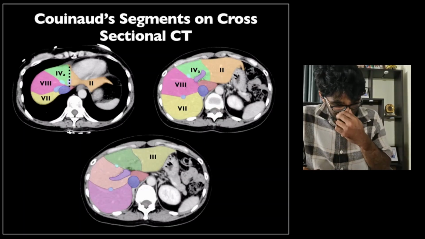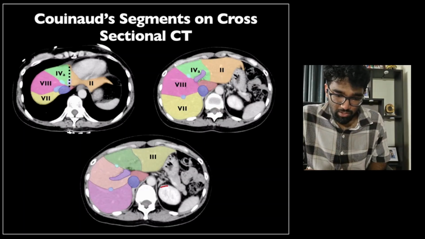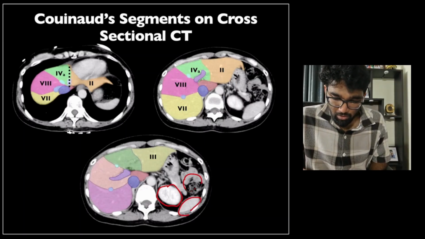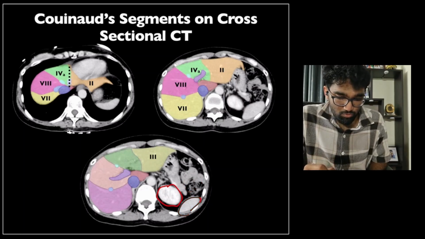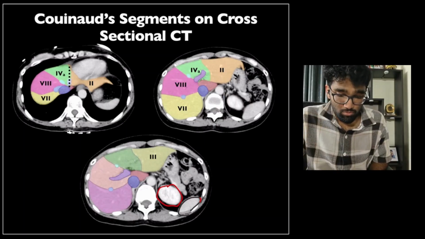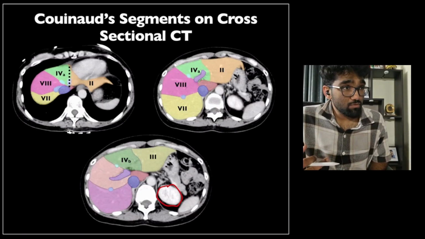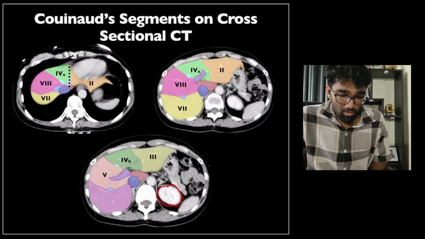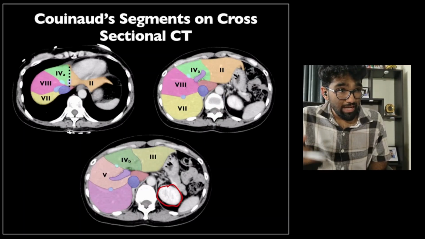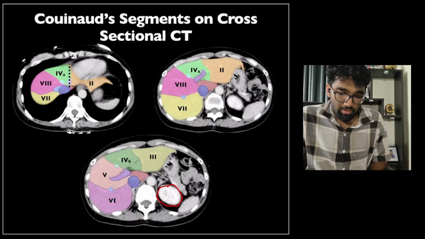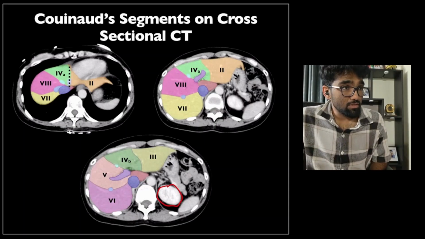Okay, so here you can actually see more of the kidney, the lower aspects of the spleen, and the colonic flexure is also visible. Now you find that segment number 3, which is below segment number 2, is visible. Then segment number 4B, which is below segment 4A, is visible. Again, segment 5, which is below 8, is visible, and segment 6, which is below 7, is visible.